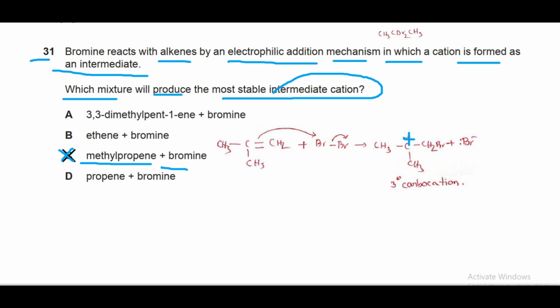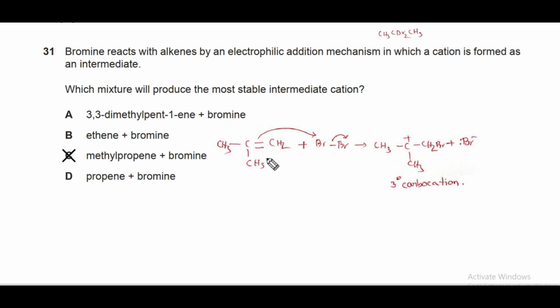How is it formed? You see, when methylpropene reacts with bromine, Br2, then this bromine becomes a negative ion, this bromine becomes a positive ion.